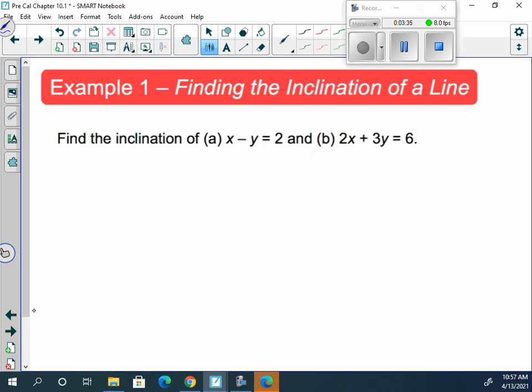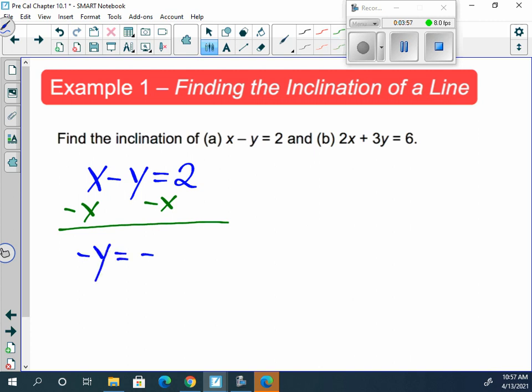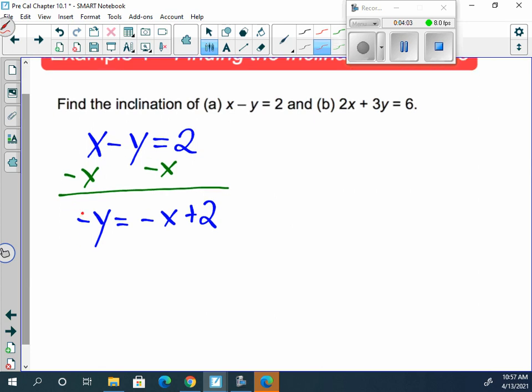So when we look at these here, find the inclination of, we'll start off with x minus y equals 2. We need to find the slope. So the easiest way is just to solve the equation for y. y equals x minus 2.